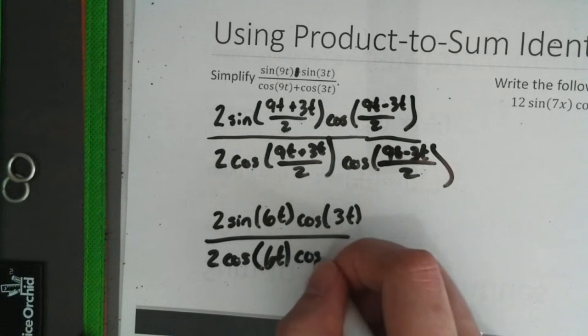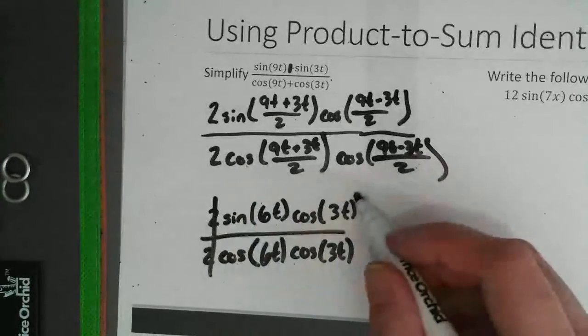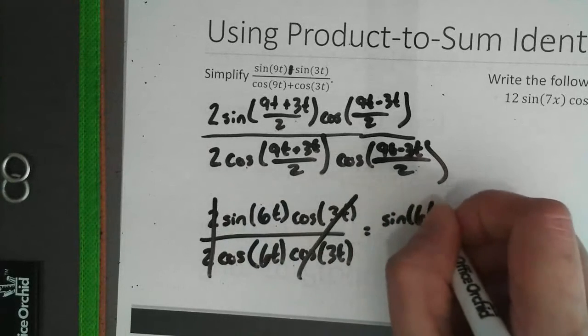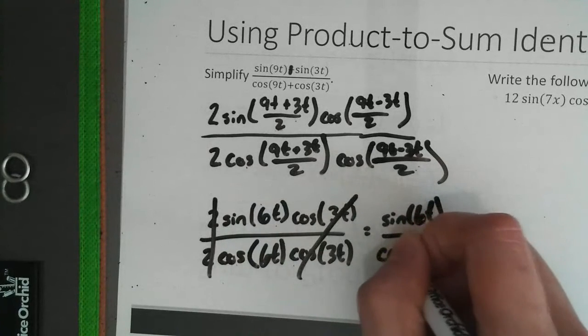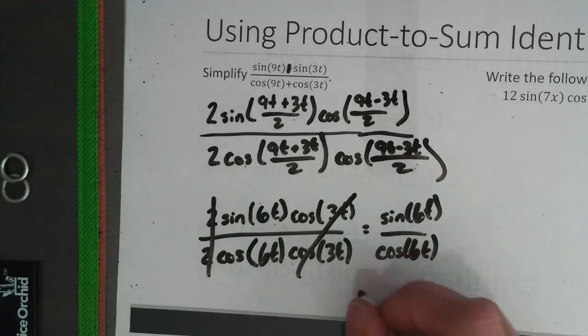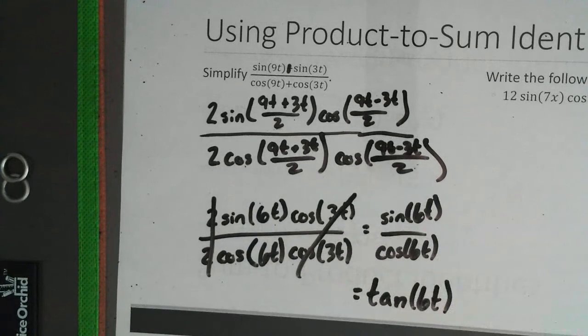Subtracting them, dividing by 2, I get 3t. So I have 2 sine of 6t cosine of 3t over 2 cosine of 6t cosine of 3t. The 2's cancel out. The cosine of 3t's cancel out. I have the sine of 6t over the cosine of 6t. Wait a minute, what's sine over cosine? That's just tangent. This is the tangent of 6t.